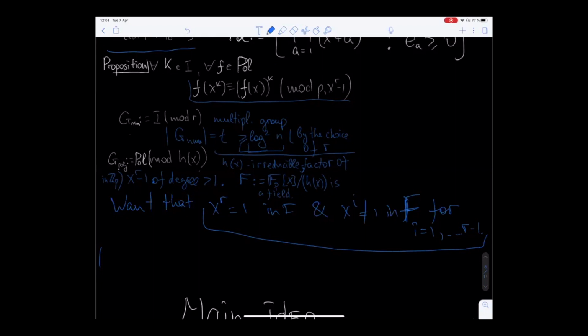Andrey, this field is simply the finite field with P to the R elements, right? Yeah, this is a finite field with P to the R elements, of course.